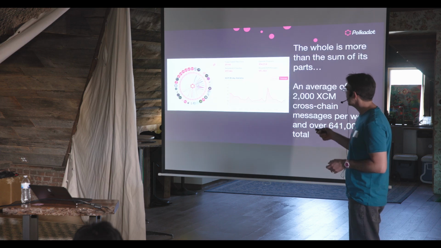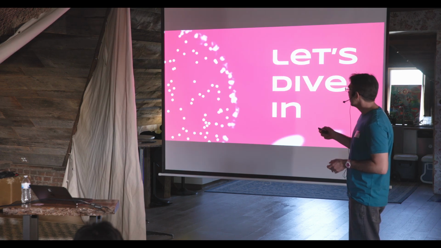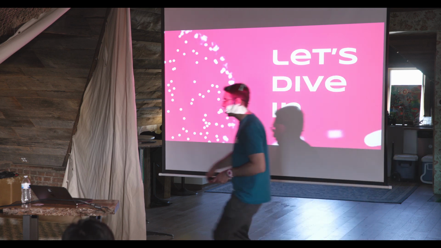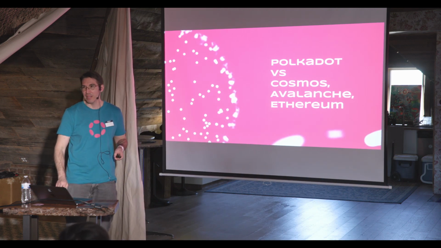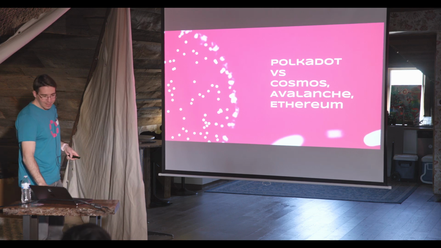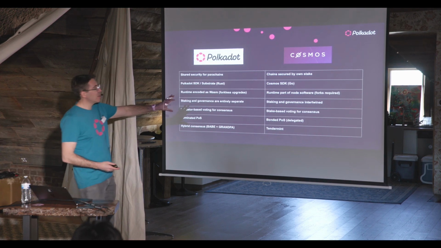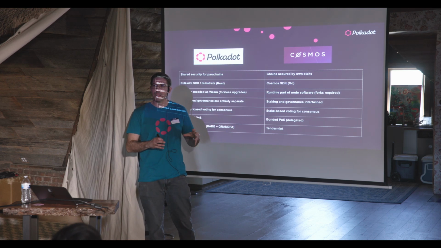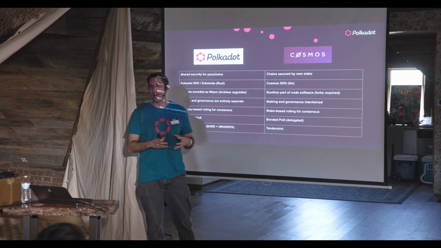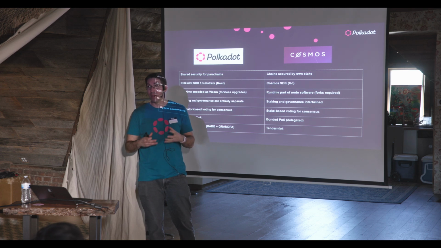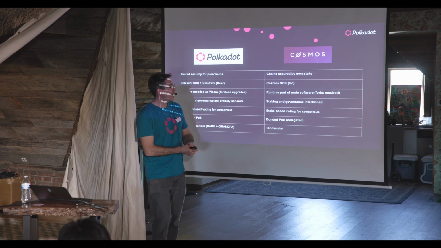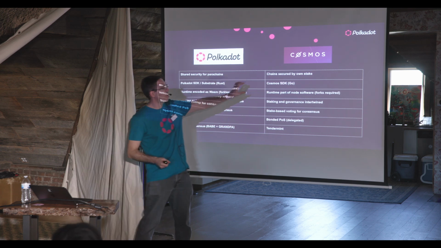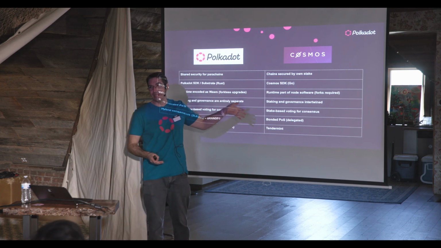Whereas Cosmos, the philosophy here is much more different. Their philosophy is that the downside of the Polkadot approach is there is a weak point in the relay chain, and you are giving up some sovereignty. So the idea behind Cosmos is that a chain is secured by its own stake.